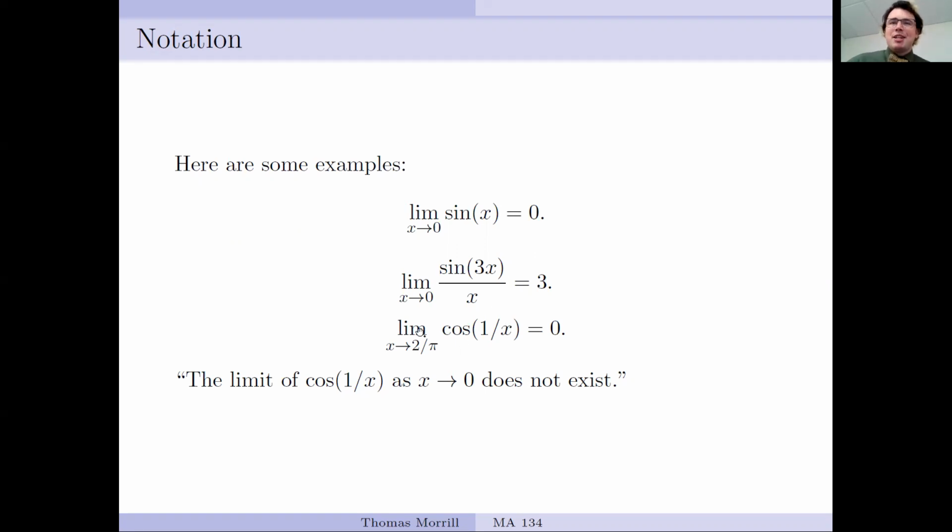Now, I picked this because cosine of 1 on x is one of my tricky functions. We looked at what happens as x approaches 0 for that cosine function, and we said that it does not exist. So when that happens, I'm just going to write out the sentence, the limit of cosine 1 divided by x as x approaches 0 does not exist.